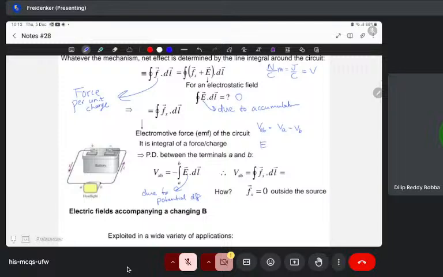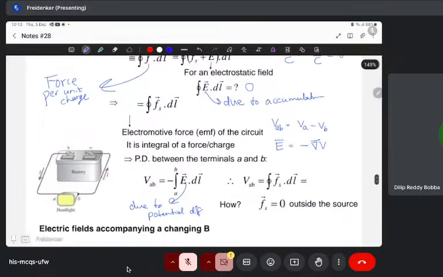Electric field is nothing but negative of gradient of potential. Here E is a vector quantity, V is a scalar quantity. So if I write E dot dl, it is nothing but negative gradient of V dot dl.